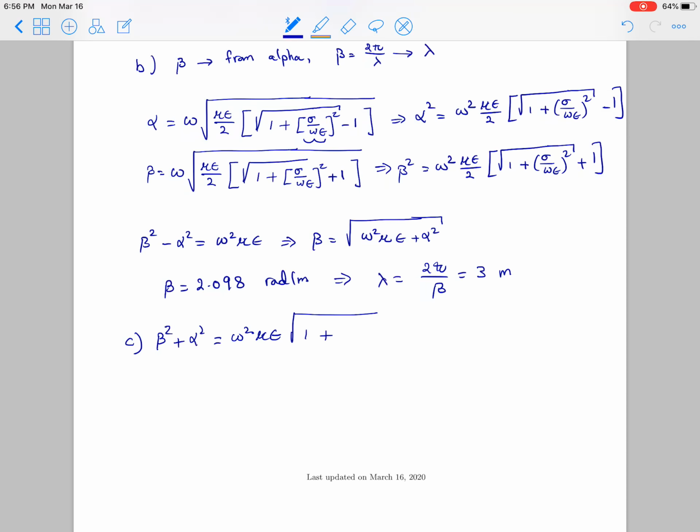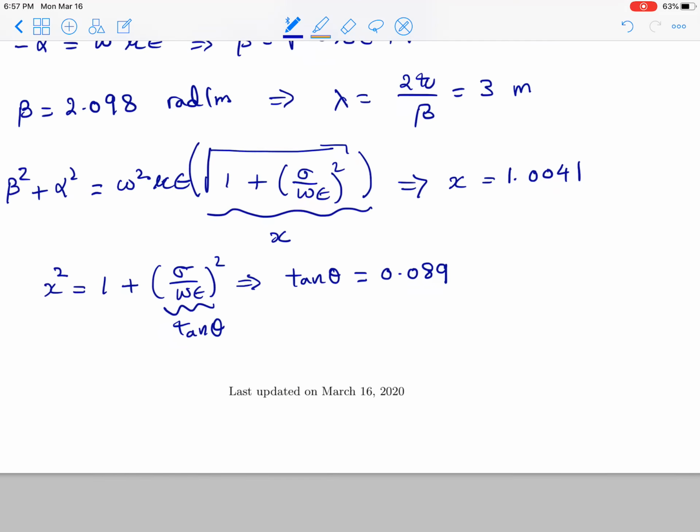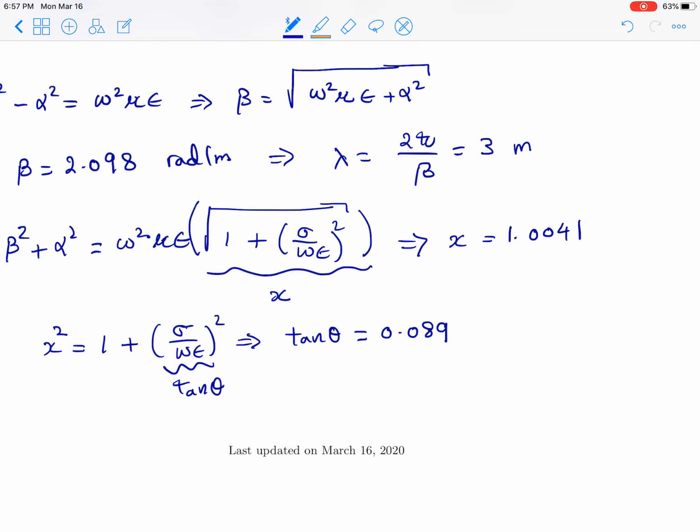So the loss tangent is 0.089, and again it's unitless.